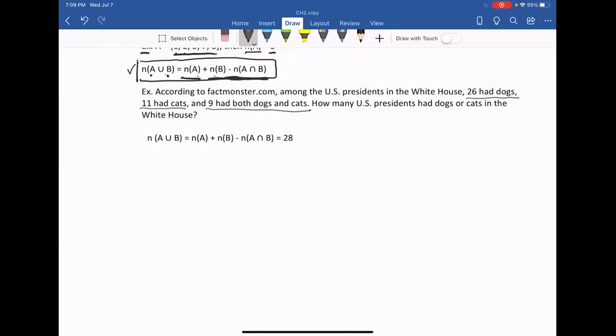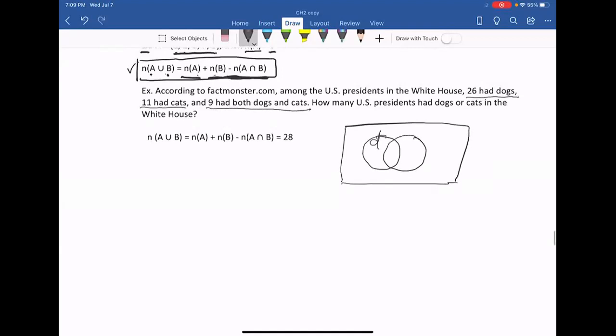So can you make a Venn diagram? This one is 26 has dogs. I put D here. And 11 has cats. I use C here. And both dogs and cats, we have 9. That's the intersection here.